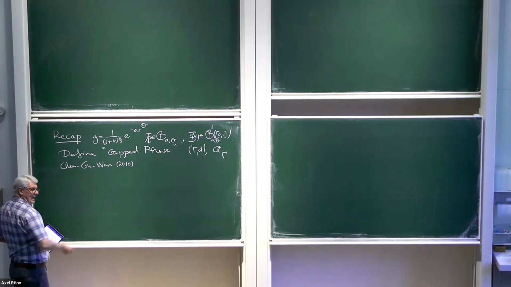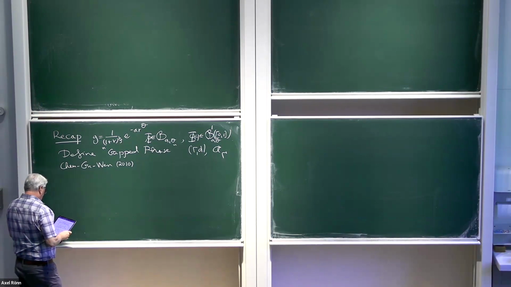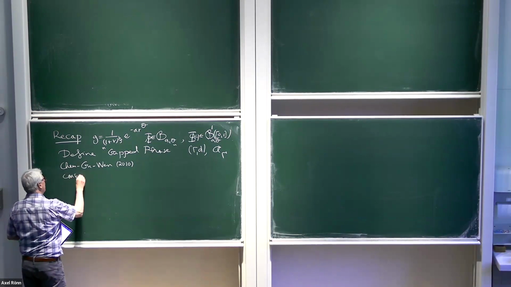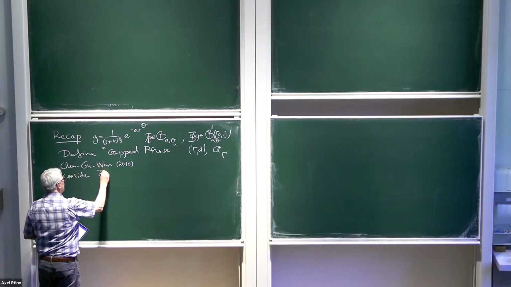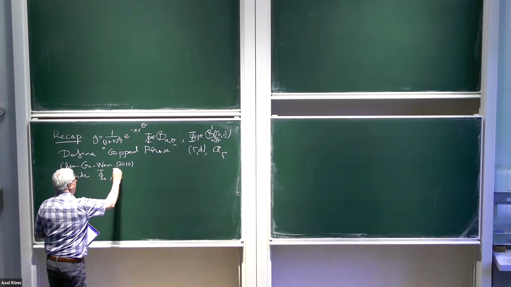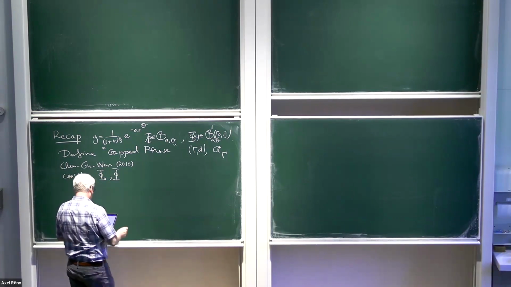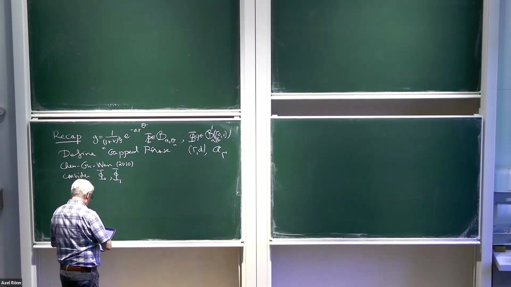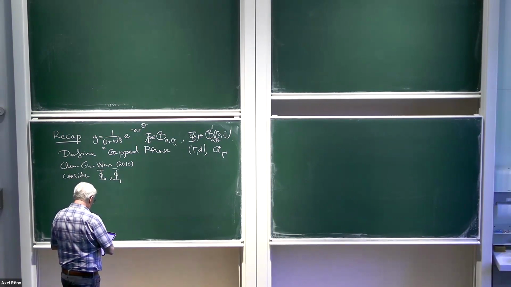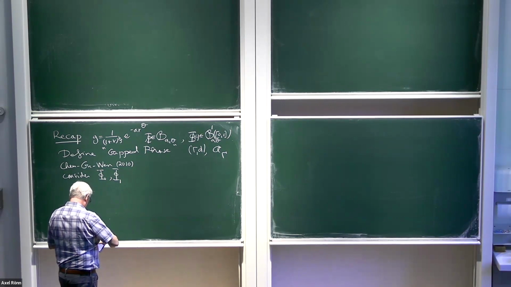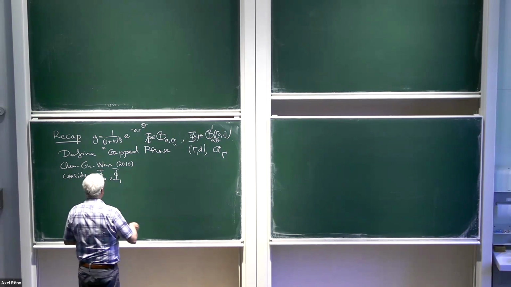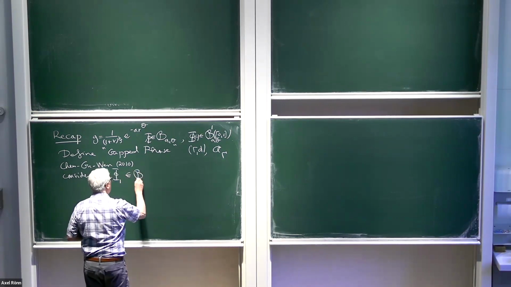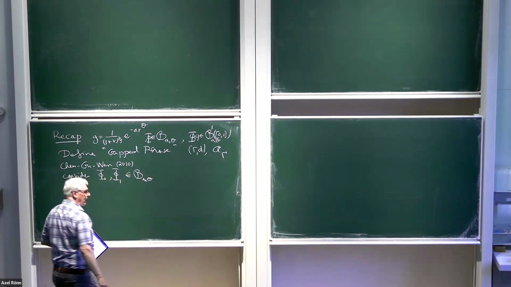In the language that we have introduced here, we would consider two interactions, Phi_0 and Phi_1 in one of these classes, B_{A,theta}.